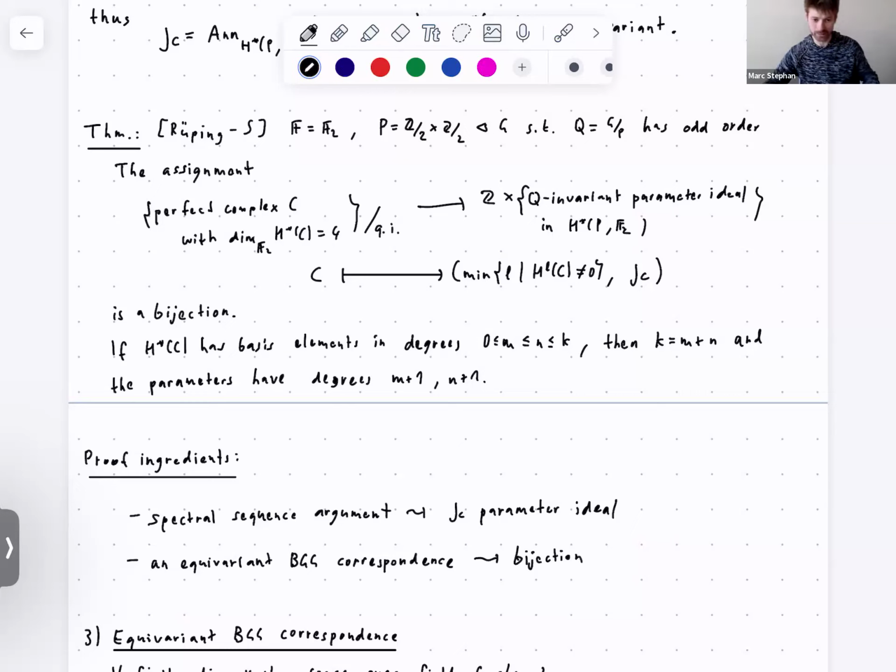So this is the second ingredient. And so the next step will be to talk a bit more about this equivariant BGG correspondence.